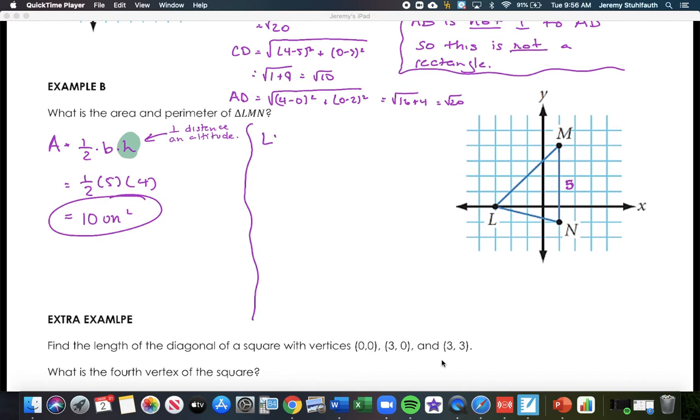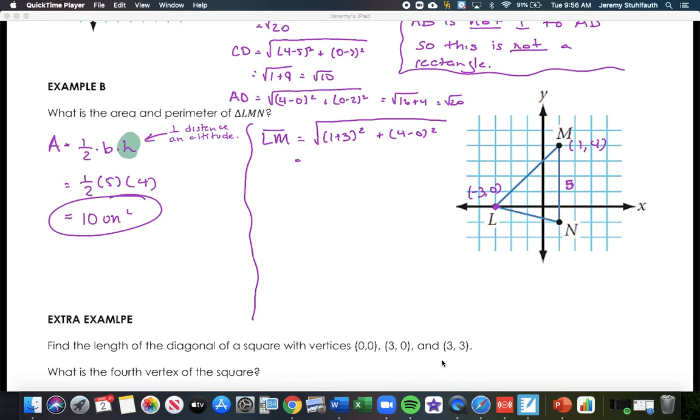So we know that LM, the distance of that is going to be equal to the square root of, see that point is -3, 0, and this point is 1, 4. So LM would have a distance of 1 minus -3, so that becomes +3 squared, and then plus 4 minus 0 squared.